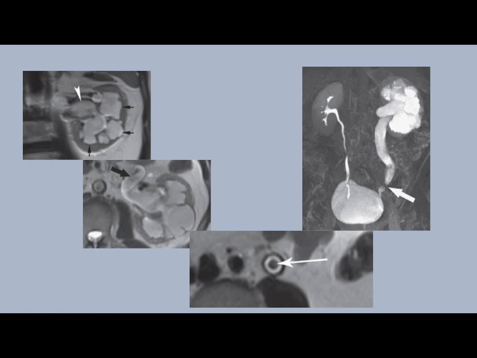Then it is surrounded by urine, because urine passes between the stone and the wall of the ureter, which appears hypointense. This represents the wall of the ureter.